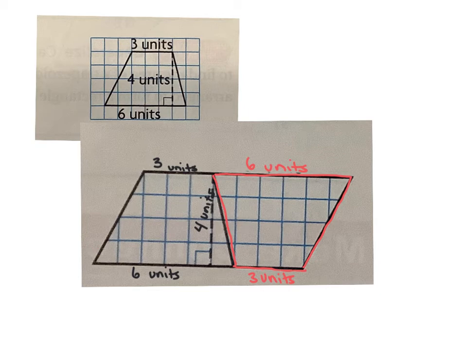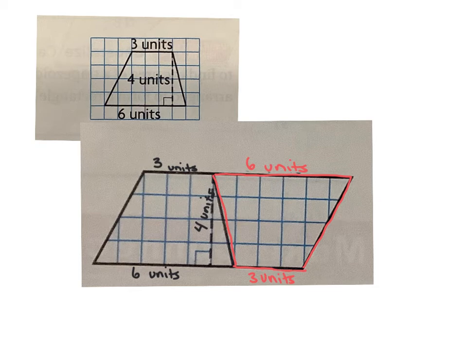So any trapezoid that I take its copy and flip it upside down and put it next to it, I am going to get a parallelogram. Good to know, because I know how to find the area of a parallelogram. And this trapezoid is exactly 1/2 of that parallelogram.